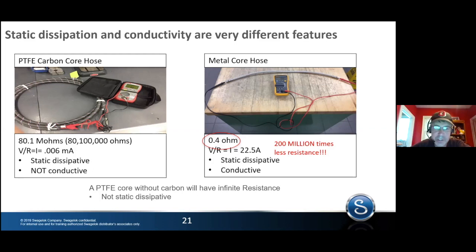It conducts electricity. Now, if you take the hose on the left and you don't have it be carbon core, it essentially has infinite resistance, and that's what we're trying to avoid in order to be able to dissipate static.